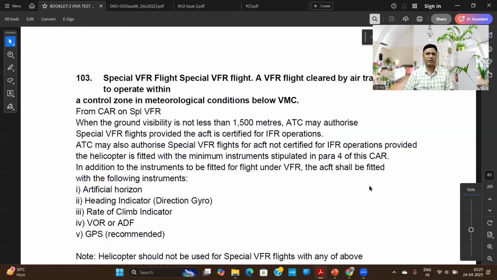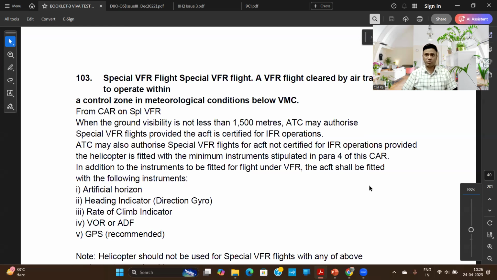And now remember that this is only for arrival and departure within the control zone when the conditions are below VMC. After the control zone, that is 30 nautical miles around the airfield up to say 5000 feet, as defined by that ATC's SOP.